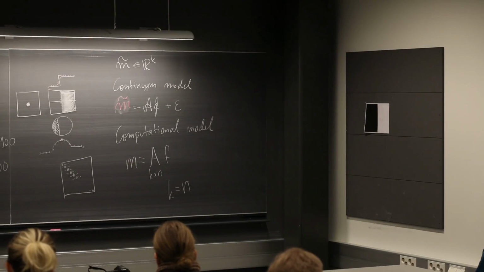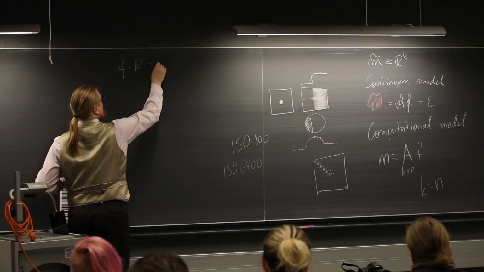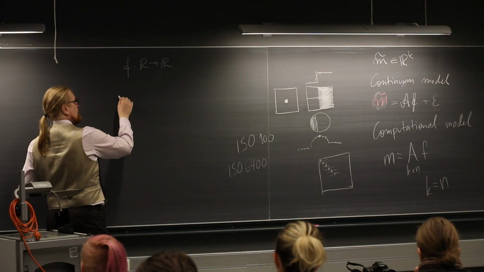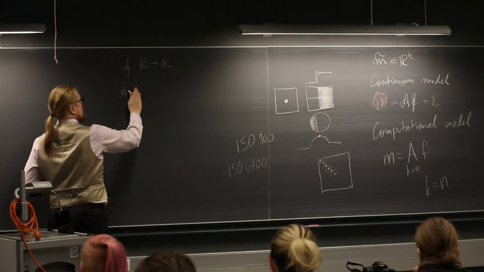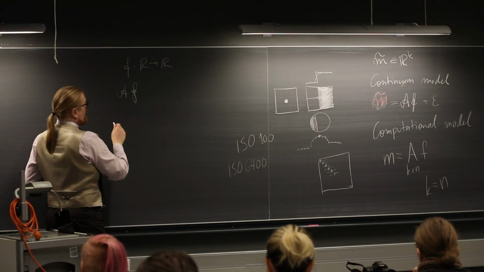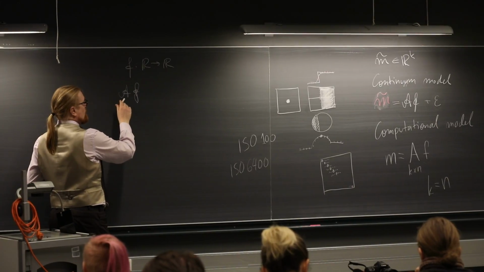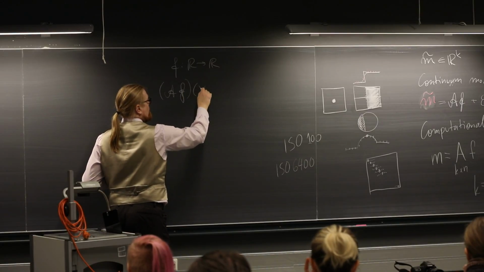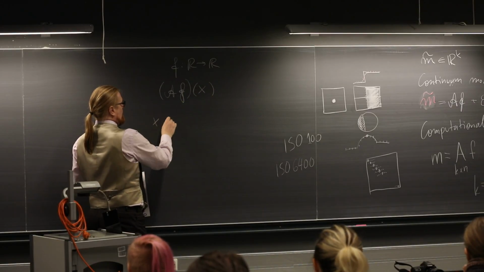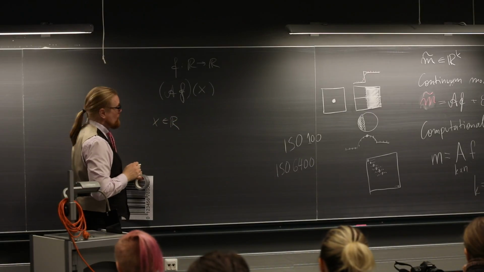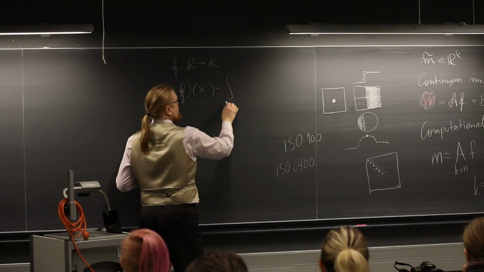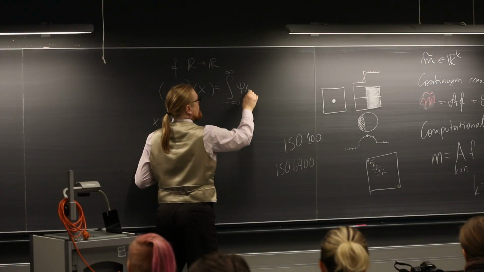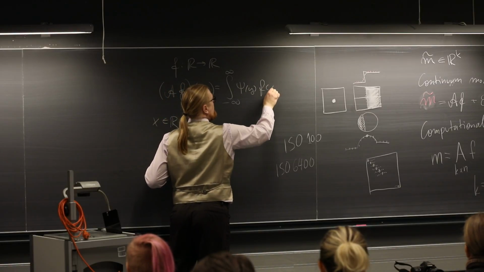We have this f defined from R to R, and then this Af is a function also defined for all real numbers. So here x belongs to R, and this is defined by an integral like this. So we have here the point spread function, and here we have f.